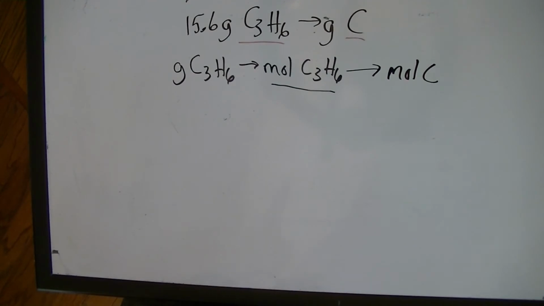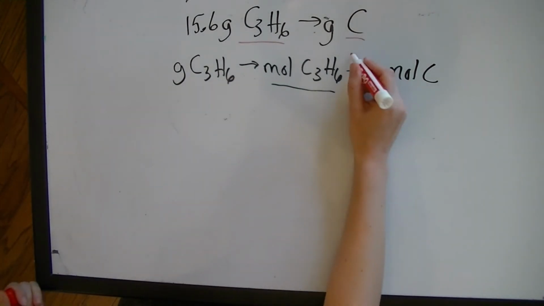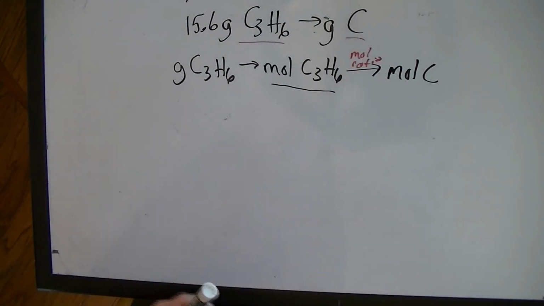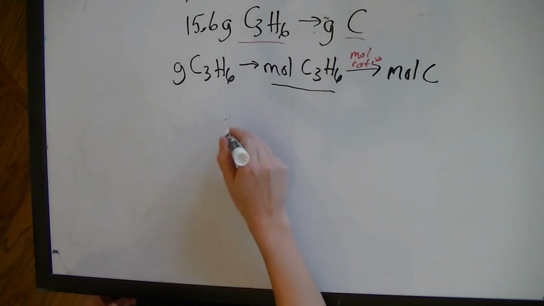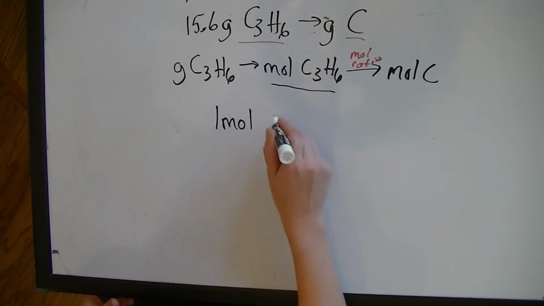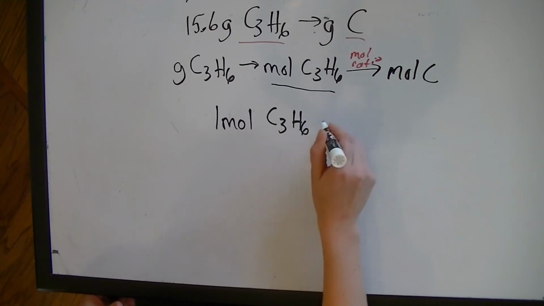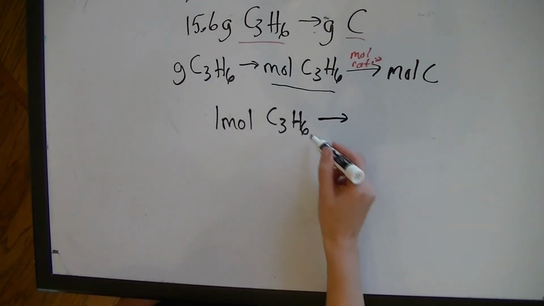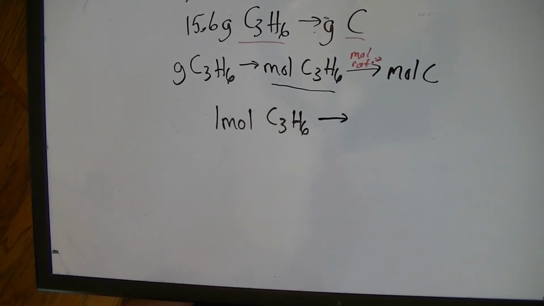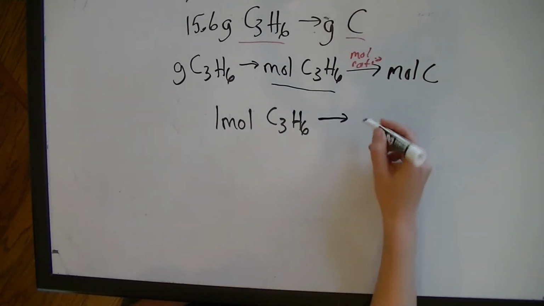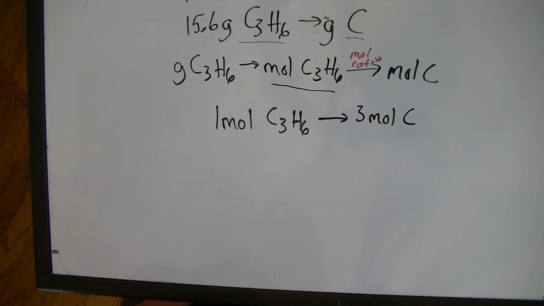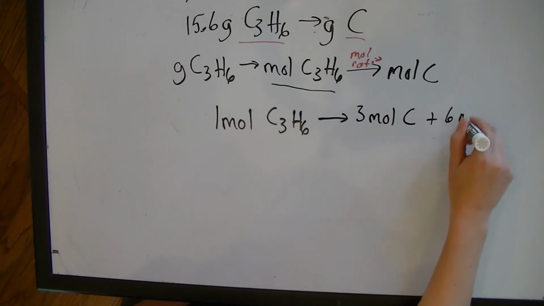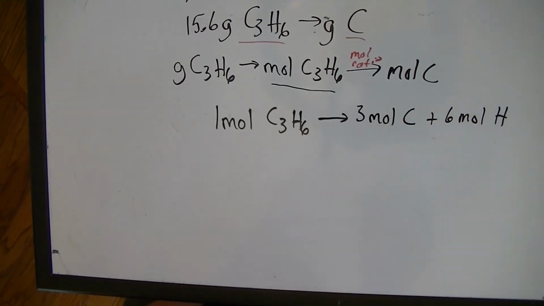I'm going to write up here that this step is going to be a mole ratio. To figure out the mole ratio, remember, if we have 1 mole of C3H6, we can figure out how many moles of carbon and how many moles of hydrogen are present, just given the subscripts. So in 1 mole of C3H6, we have 3 moles of carbon, and we have 6 moles of hydrogen.